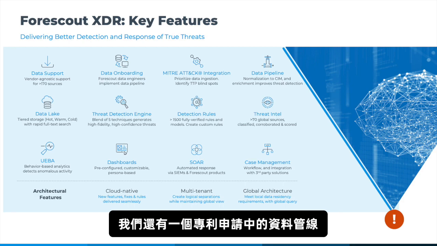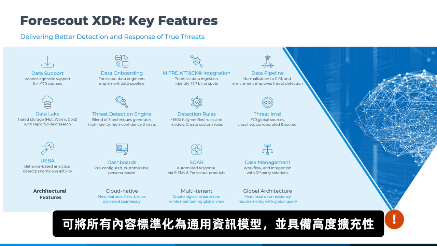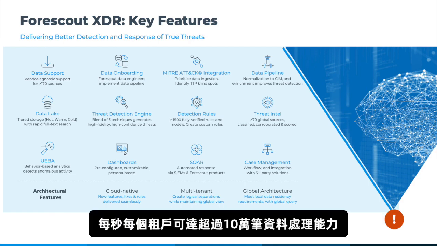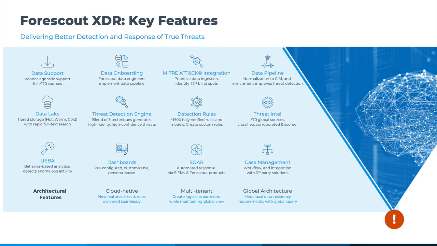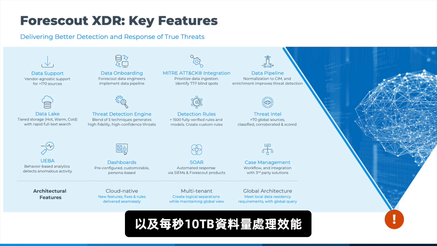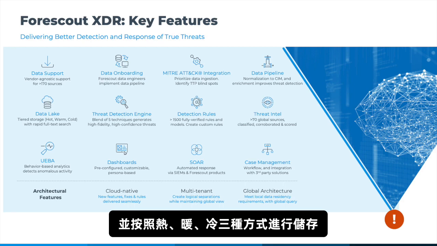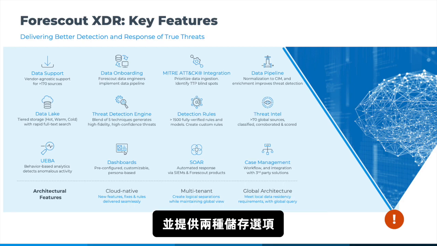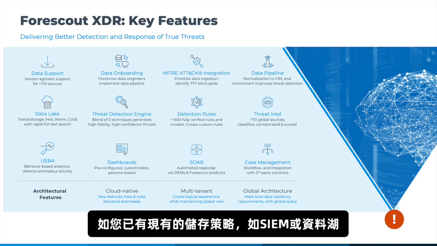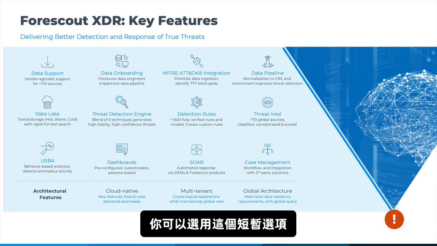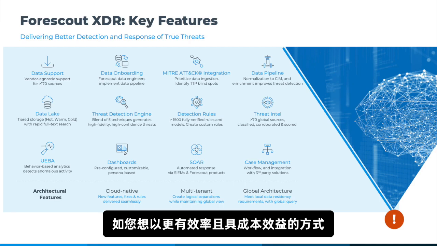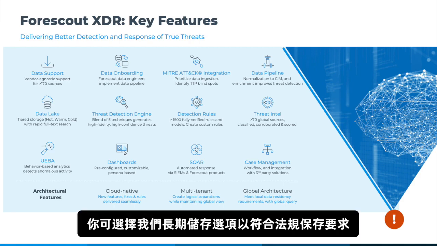We also have a patent pending data pipeline that normalizes everything to the common information model at extremely high scale, over 100,000 events per second per tenant. This is all put into a data lake that has that hot, warm, cold storage. And there's 2 tiers of options. There's a shorter ephemeral storage if you already have an existing storage strategy with a SIEM or a data lake. And then there's a long-term option if you want to use our storage system for compliance in an efficient and cost-effective way.